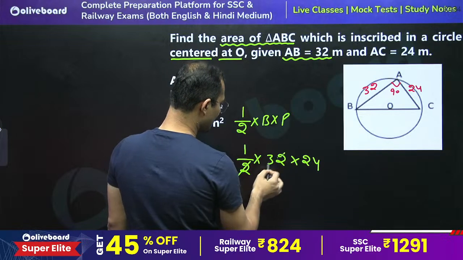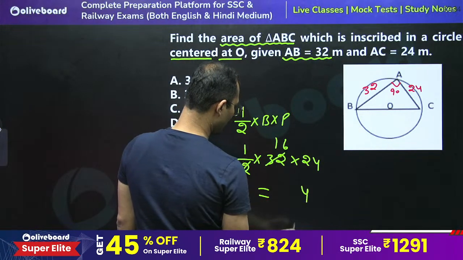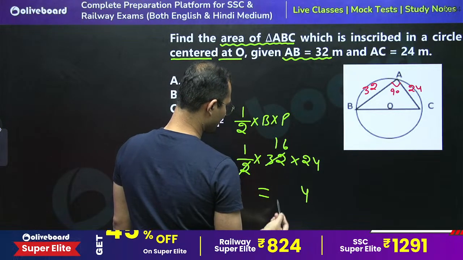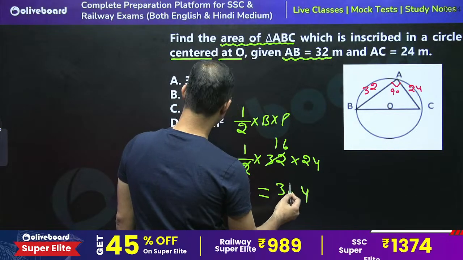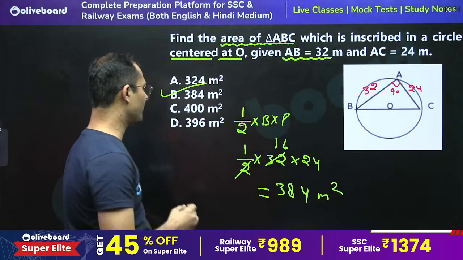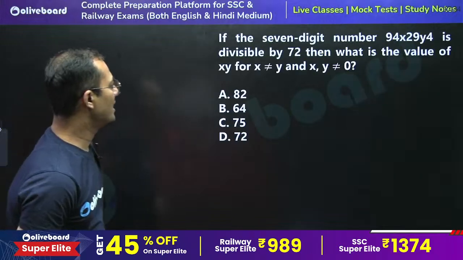So by 2, this is 16 times 24, which is 384. So 384 meter square is the right answer. Simple.